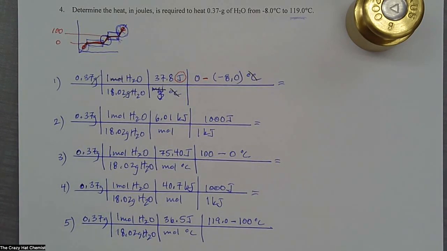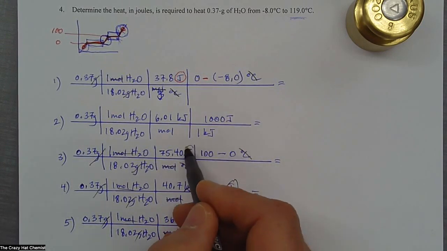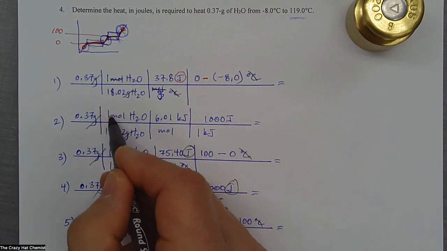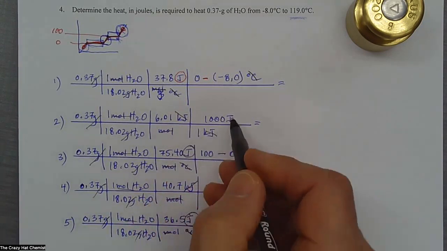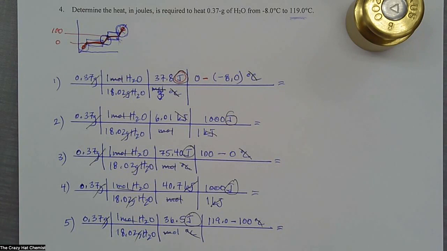On every single one of these steps, you should see that we get units of joules. So everything cancels out. Grams, moles, degrees Celsius, joules. Grams, moles, kilojoules, joules. Grams, moles, degrees Celsius, joules. Grams, moles, kilojoules, joules. So every single one of these steps has joules.